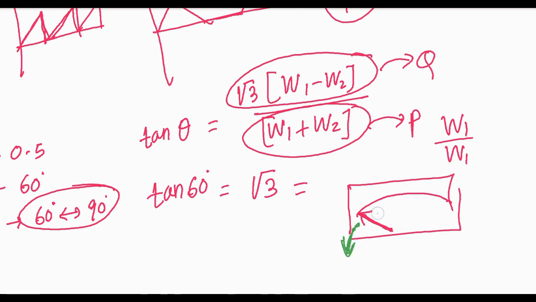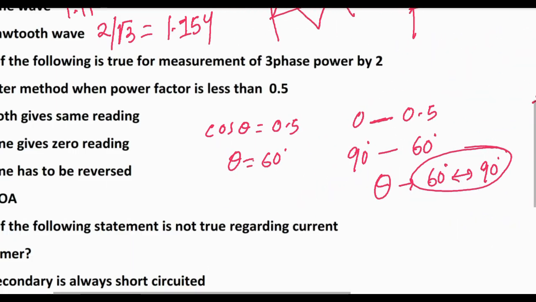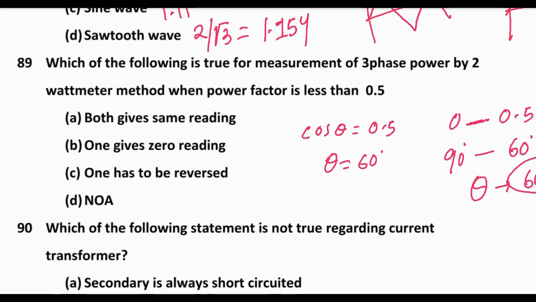It can only go in the forward direction. So we have to alter the input terminals of that wattmeter. We have to reverse 1 wattmeter. Option C is the correct answer.